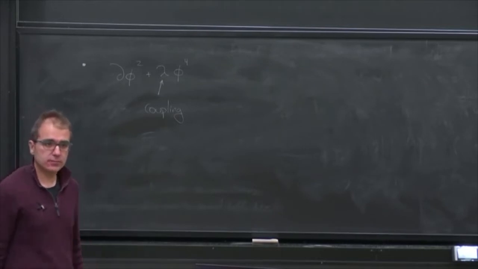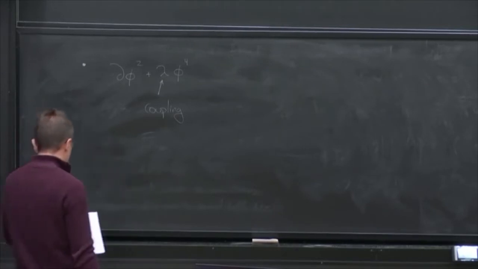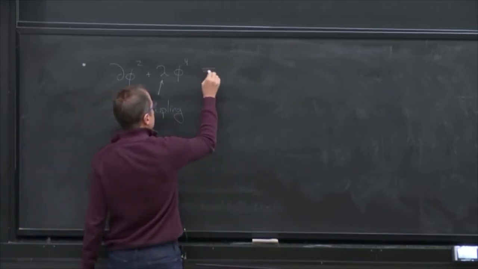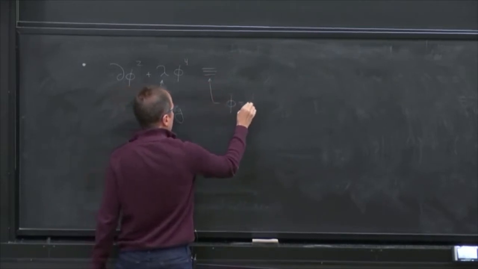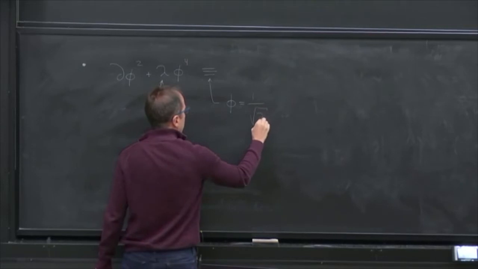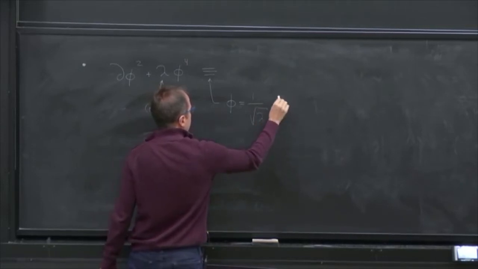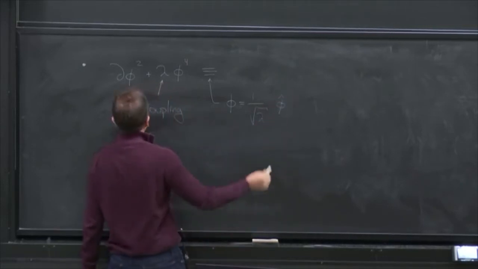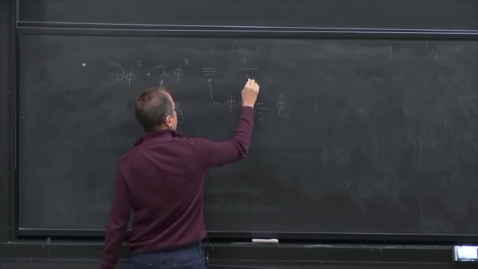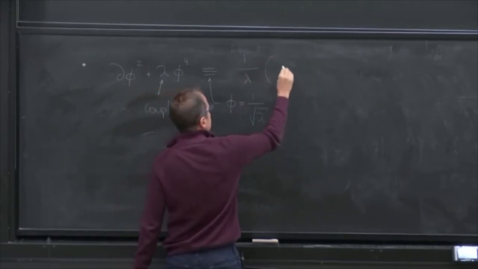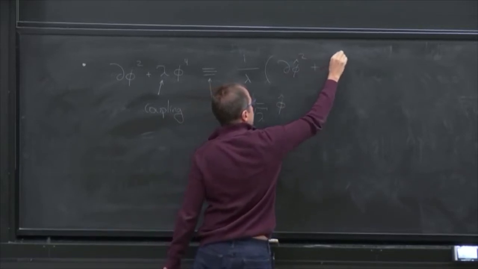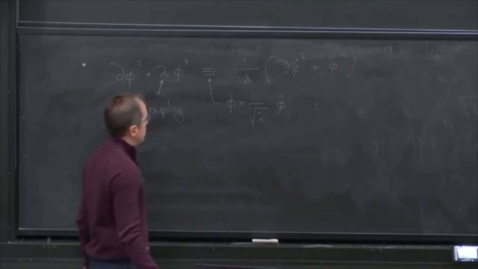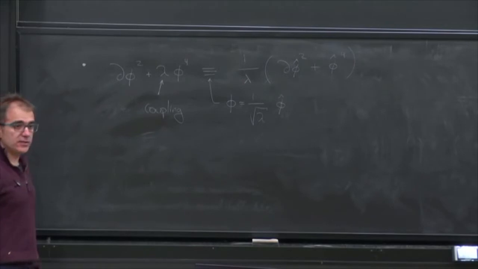Now notice that this is equivalent if we rescale the field, phi equals 1 over square root of lambda phi hat. Then this action becomes 1 over lambda, parenthesis, (d phi hat) squared plus phi hat to the 4. So this is equivalent. It's just a different way of writing the action.